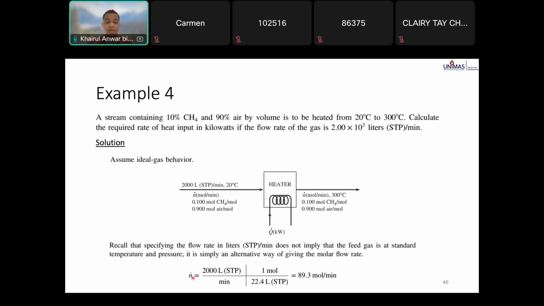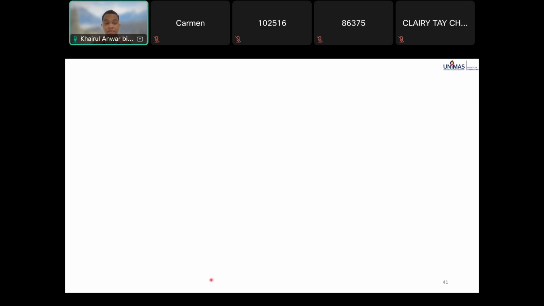To determine the N, since this is 2000 liter STP, standard temperature pressure, we can relate it to 22.4 liter per mole at STP. Then we get the N or mole flow rate equal to 89.3 mole per minute.